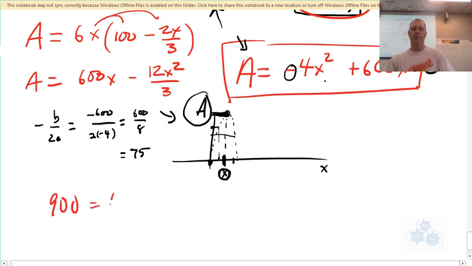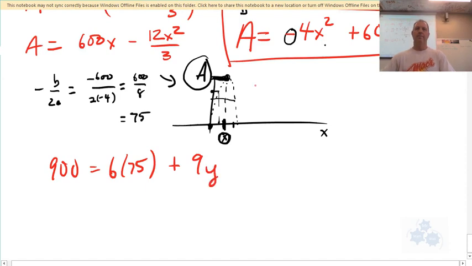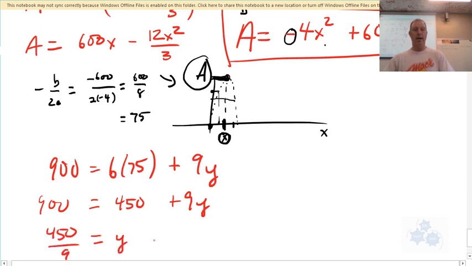900 equals 6 times 75 plus 9y. So 6 times 75, 2 is 150, 3 is 6, 450. 900 equals 450 plus 9y. 900 minus 450 is 450, divided by 9 equals y.